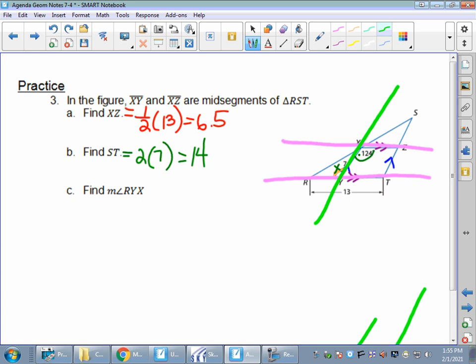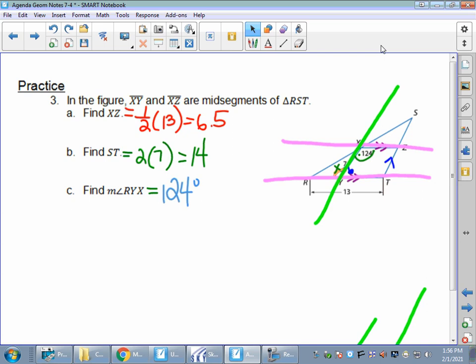Those guys would be alternate interior angles, right? So what do you know about alternate interior angles? Remember, they're either congruent or supplementary. These guys are congruent. They're both 124. If I asked you for angle XYT, this angle over here, then you would have to do supplementary angles. They're consecutive interiors, or maybe supplementaries, depending on how you're looking at them.